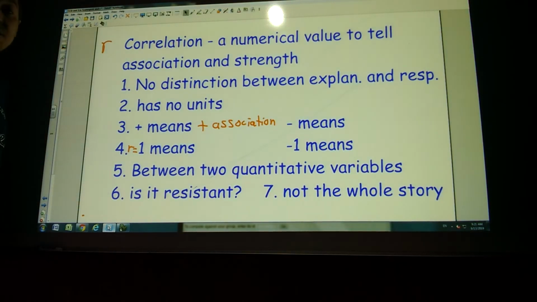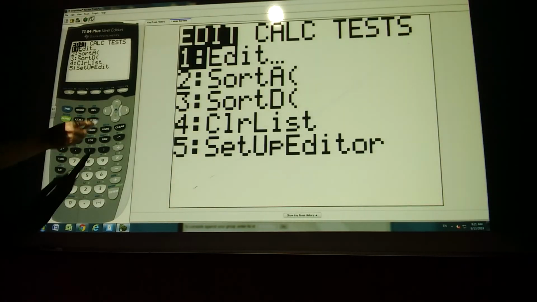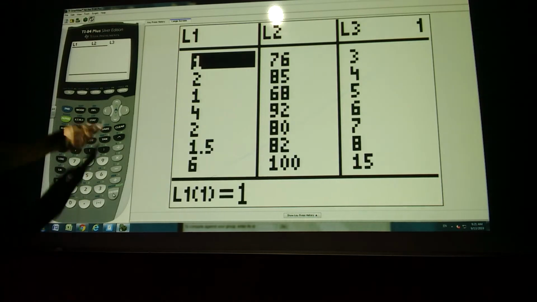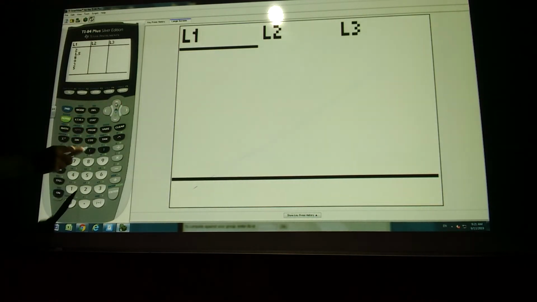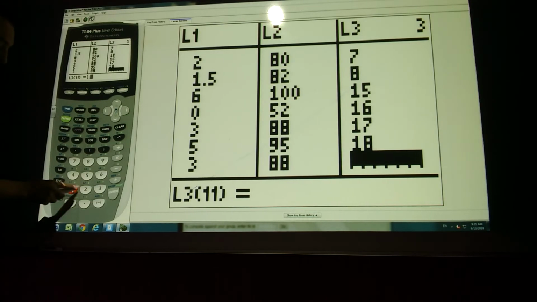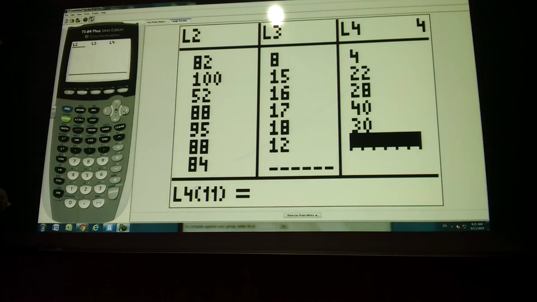Is it resistant? If I plug in a number that's totally off, so like if I type in somebody who is a ball hog and shoots 12 times, but only makes like 2 points. I hate those players who shoot all the time but can't score at all.